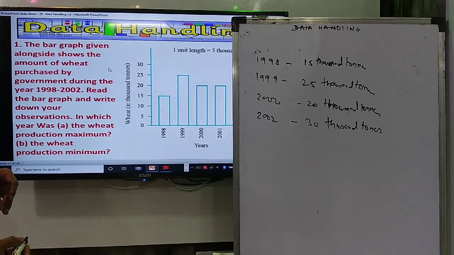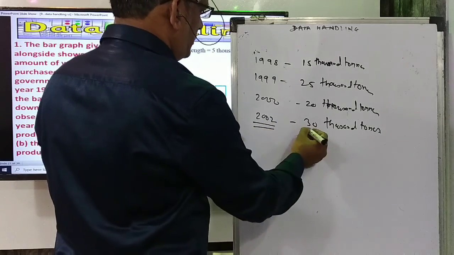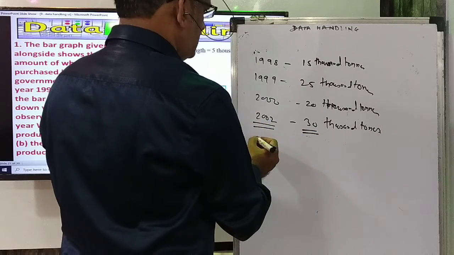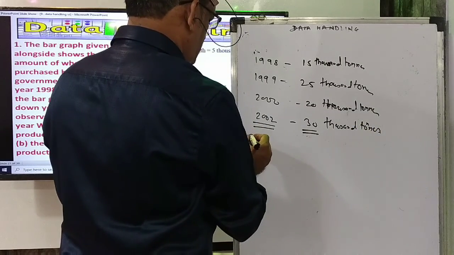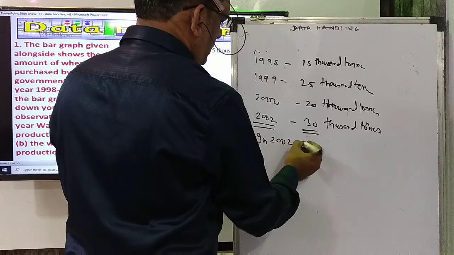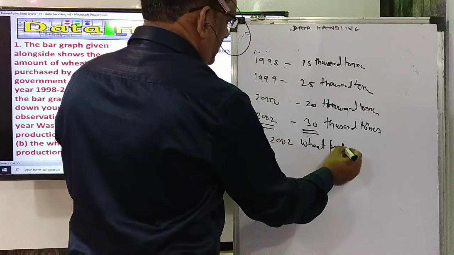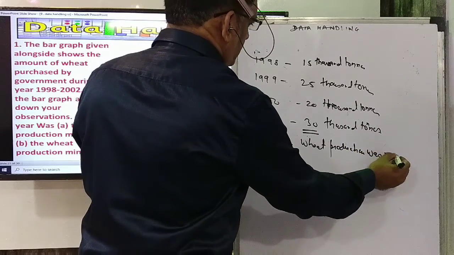In 2002 wheat production is 30,000 tons. So in 2002 wheat production was maximum.